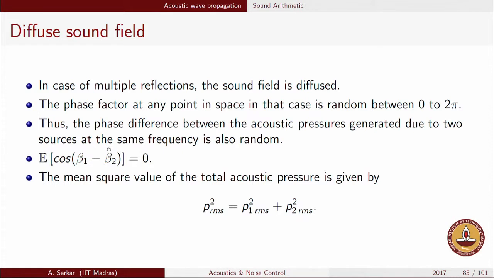So, the moral of the story is thus, that if you have sources emitting different frequencies, go ahead with your mean square addition law. If the two sources or multiple sources are there, and so happens that the phase factor is present, the mean square addition will not hold in its totality, rather there will be an additional term associated with the phase difference between these two sources.